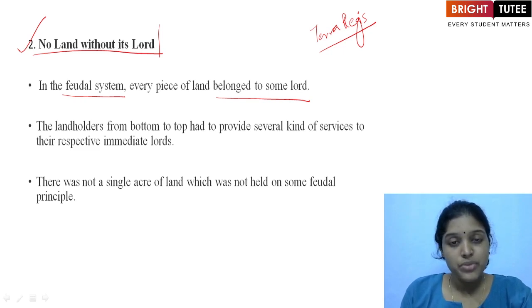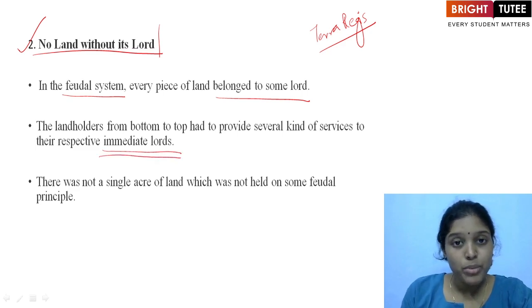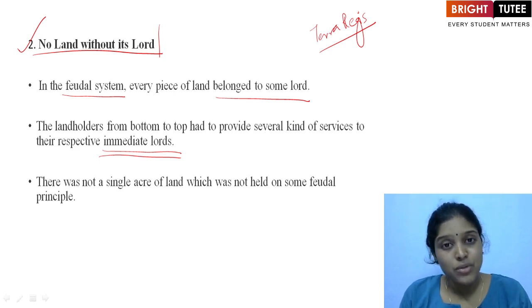The landholders from bottom to top had to provide several kinds of services to their immediate lords. So whomever you had got the land from, it was important that you gave them all kinds of services. It was mandatory that the tenants had to serve the interest of the immediate lord, that is, whomever he had received that piece of land from.